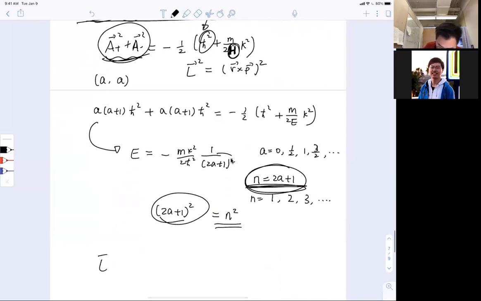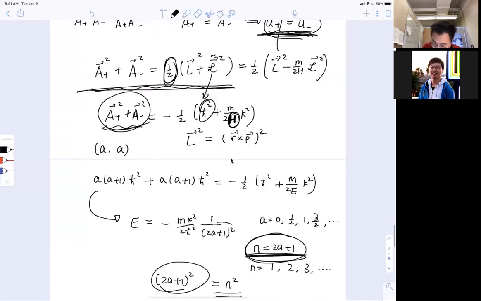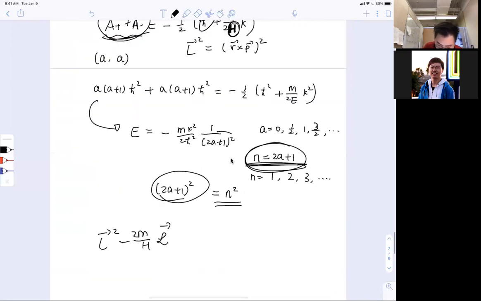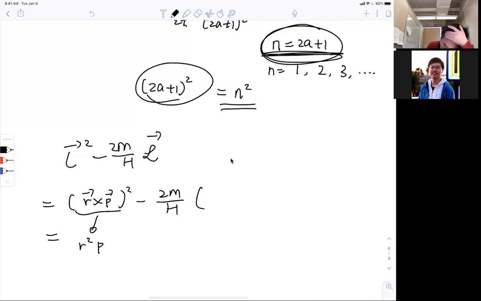Basically, at the classical level there's no h bar, because this is nothing but R squared P squared, right? And some equations.